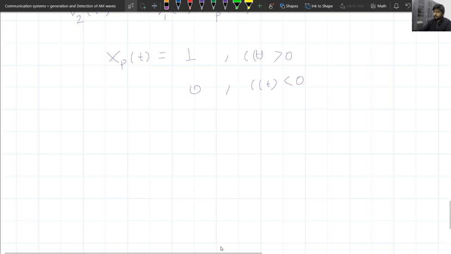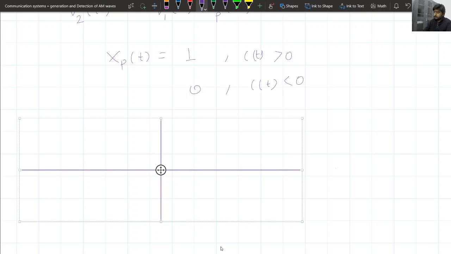Suppose we draw ct, which is a cosine function.